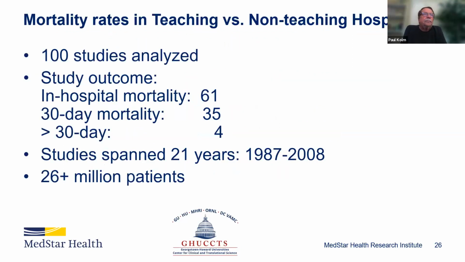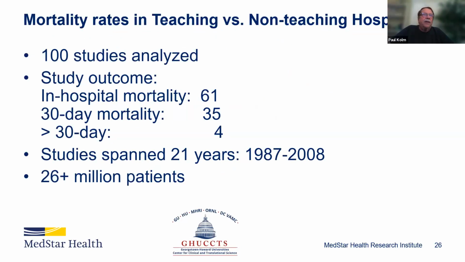So for the meta-analysis, there were 100 studies, and the study outcome was mortality. However, mortality was defined differently in terms of time of mortality. About 60% of the 100 articles, mortality was in hospital.